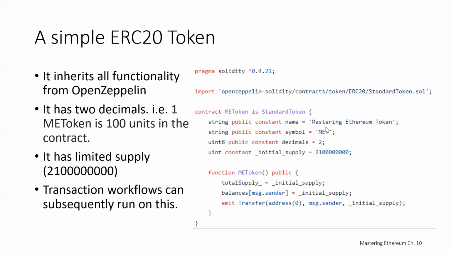And we specify our name and our symbol and our decimals, our initial supply. And then in our constructor function, we set up what that initial supply is, and then we send out an event about that, transferring our initial supply to the owner of the contract.